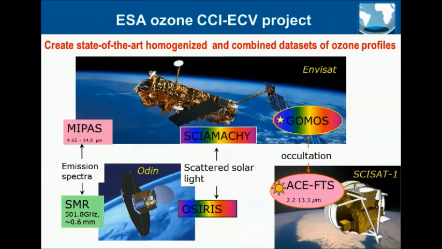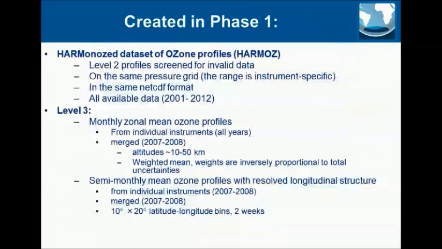I will not spend too much time on this, just to mention that there are harmonized datasets on ozone profiles provided, and they are, I think, daily datasets, and also level 3 monthly mean ozone profile datasets are provided. The datasets start from 2001 and go all the way to 2012, since ENVISAT was dead after that.